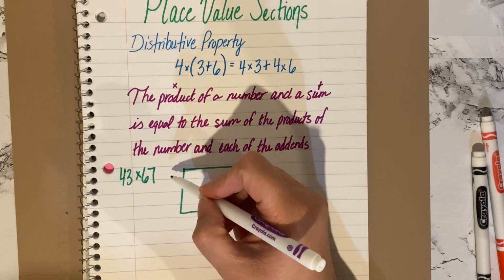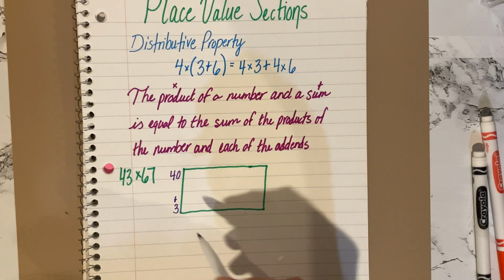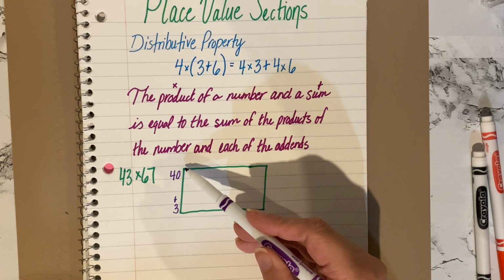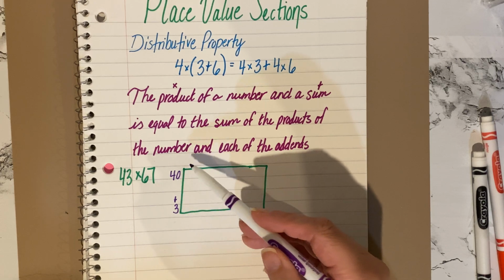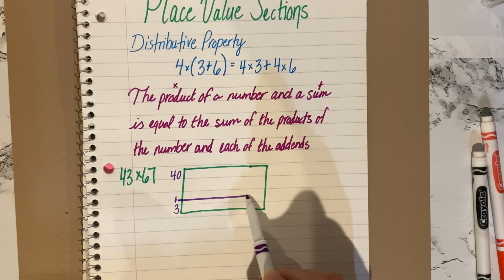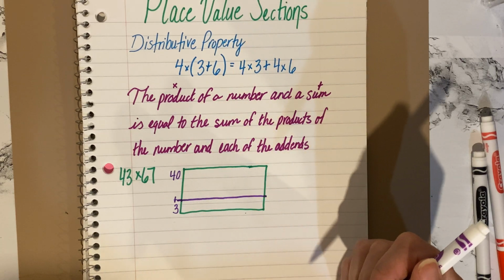So 43 is 40 plus 3. And the reason I put the 3 so low down is because if you were to talk about how much of this square is worth 40 and how much is worth 3, the 3 would be worth very little. Down here I'm going to draw a line straight across. This one would be worth 3, this one would be worth 40.